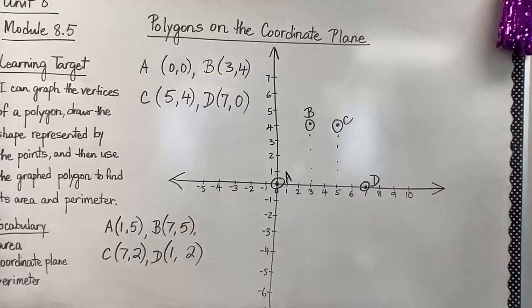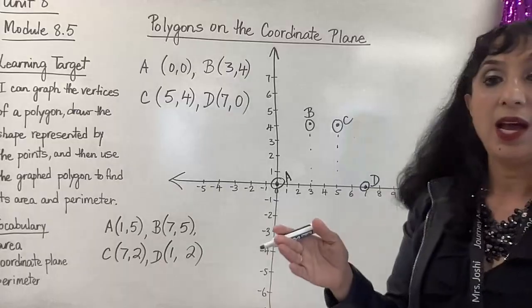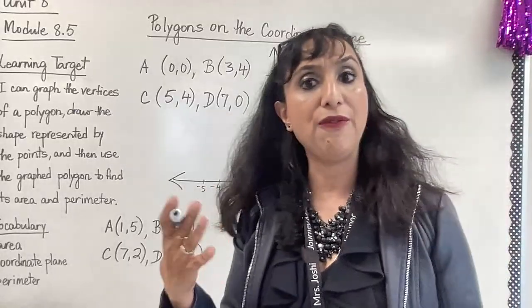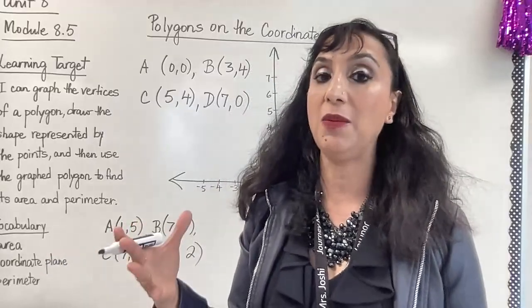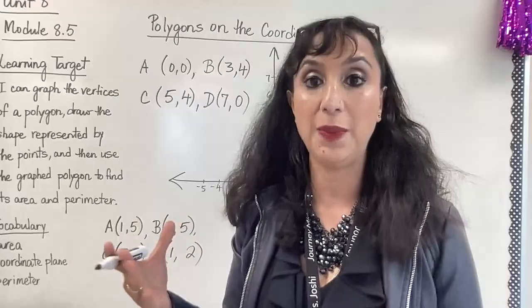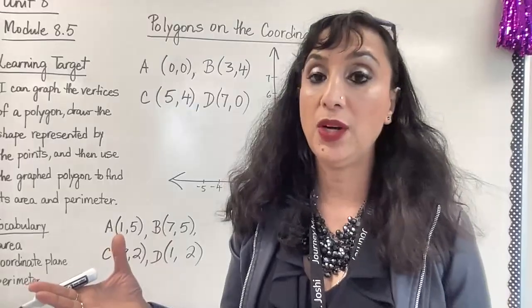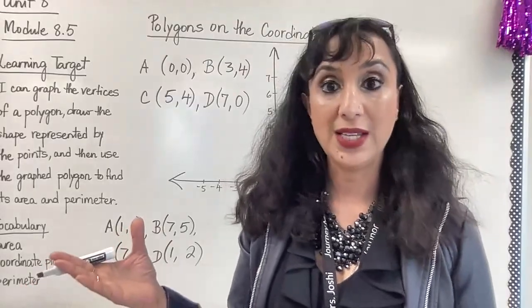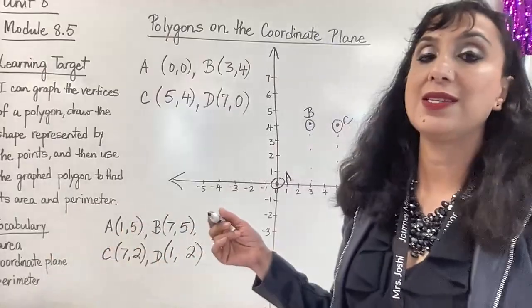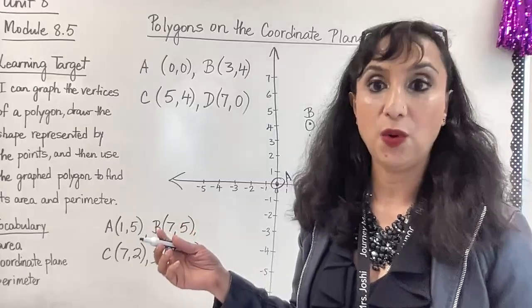Now that I have plotted the 4 points, knowing that I'm plotting 4 points, it has got to be a quadrilateral, depending on how many ordered pairs are given. If only 3 ordered pairs were given, it would be a triangle, because it would tell me how many vertices there are. Since it's giving me 4 points, I know it's going to be a quadrilateral.